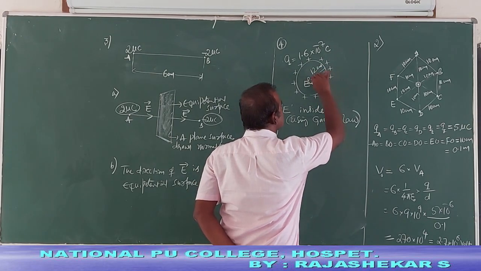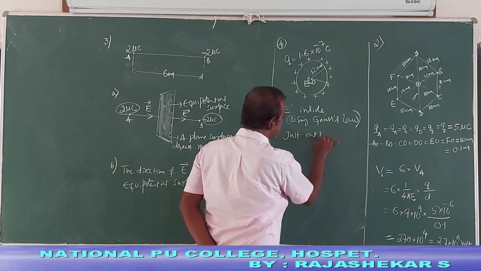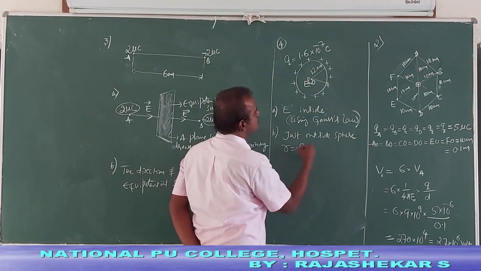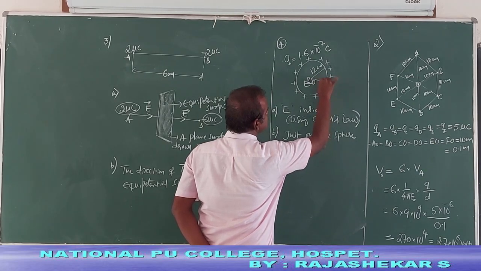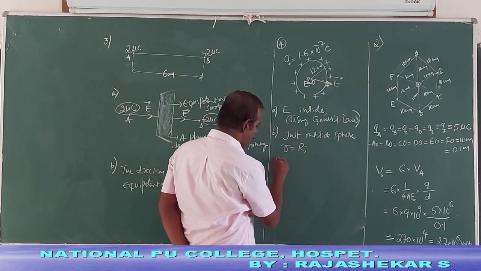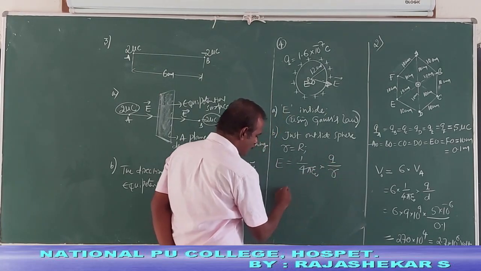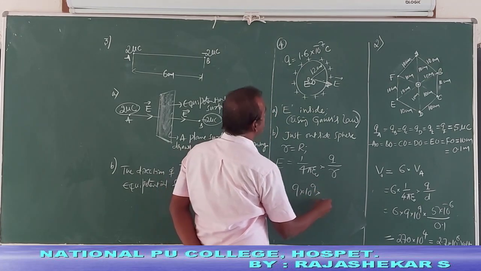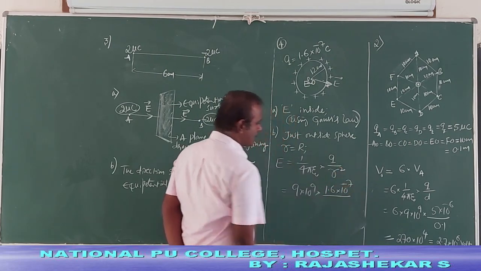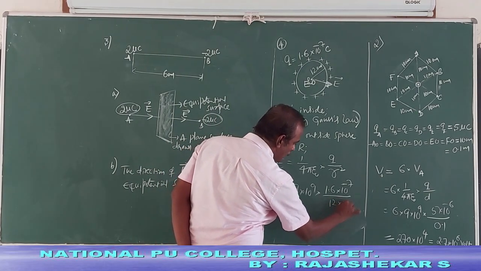Just outside, the distance r is equal to the radius. The electric field formula is E equal to 1 by 4 pi epsilon naught into total charge Q divided by r square, which is equal to 9 into 10 to the power 9 into total charge 1.6 into 10 to the power minus 7, divided by r square, 12 into 10 to the power minus 2 whole square.